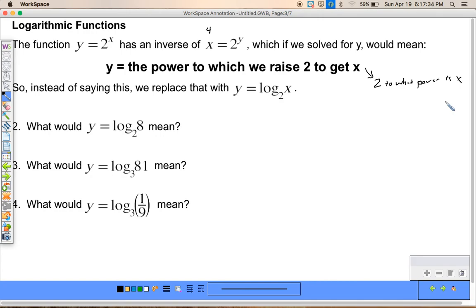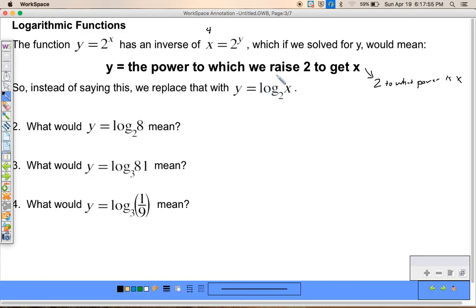Another way of saying that, instead of saying y equals the power to which we raise 2 to get x, is y equals log base 2 of x. That's what a logarithm is. A logarithm is really just talking about an exponent and looking at the exponent as being the thing that is by itself.